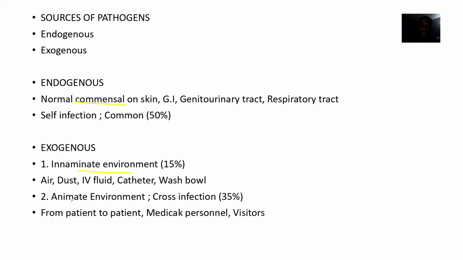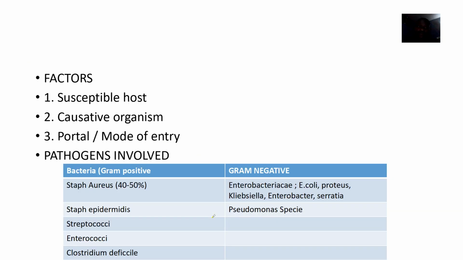The animate environment is cross infection, so patient to patient, or patient to medical personnel, or medical personnel to patients, or visitors to patients, or visitors to medical personnel, or the other way around. It's different. Okay, factors now. If you are susceptible, it also depends on the organism causing it. Also depends on the route at which the organism actually got into you.